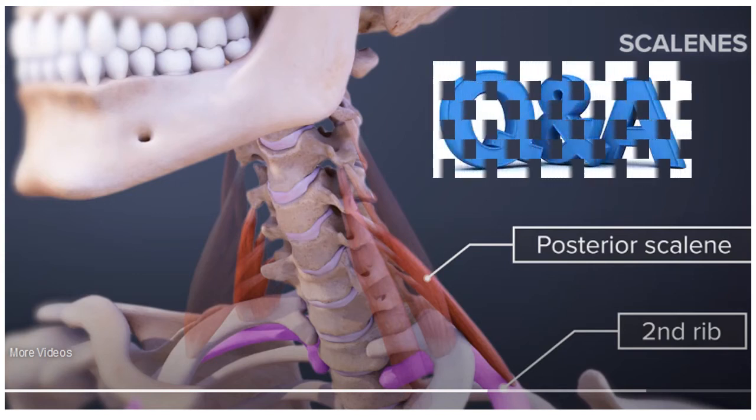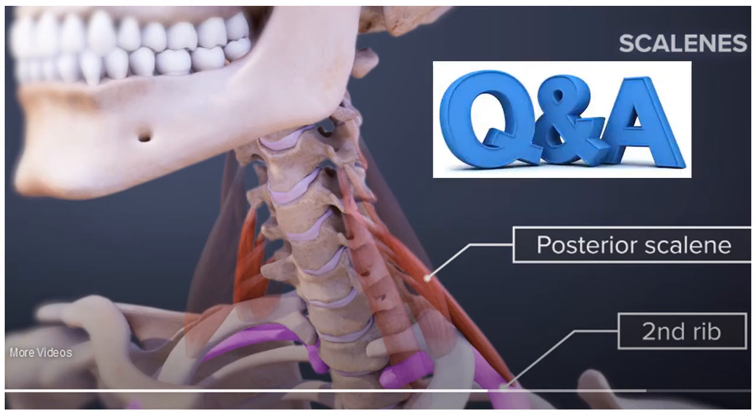So let's ask few questions and try to answer them. Which muscle is this? This is the posterior scalene. It is arising from lower cervical vertebrae. It is posterior to the first two, and it is inserted into the second rib.